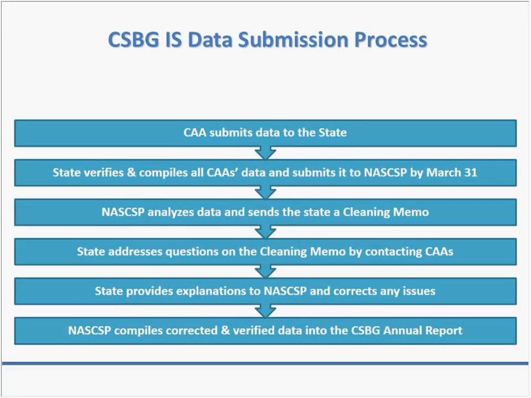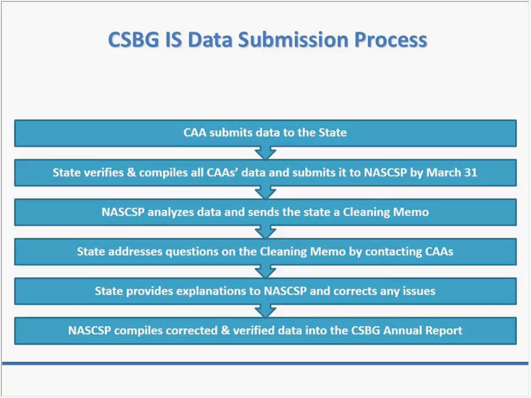First, this is the CSBG IS data submission process. The community action agency submits data to the state. The state verifies and compiles all the CAA's data and submits it to NASCSP by March 31st. Then we at NASCSP analyze that data, compile any outstanding questions that we have, and put that into a data cleaning memo, which we send to the state.